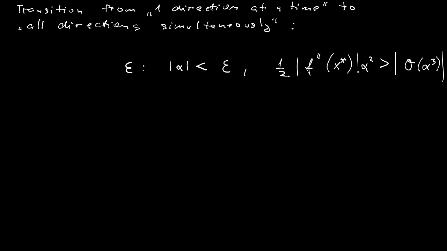So it was only for alphas within this small interval that we could make some arguments.